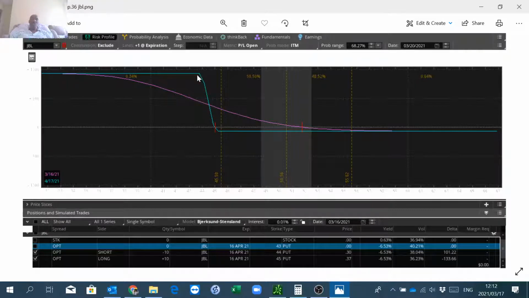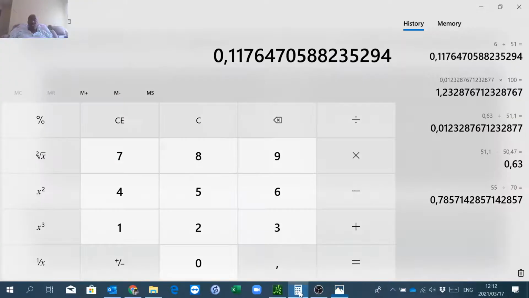If it goes below 44 and keeps going to close of this trade, I'll make almost 1,000. I'll make $930 based on a cost of $70, not 700. $70 with an expected return of 930.